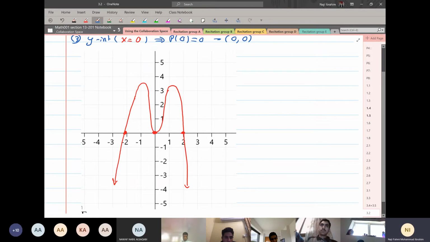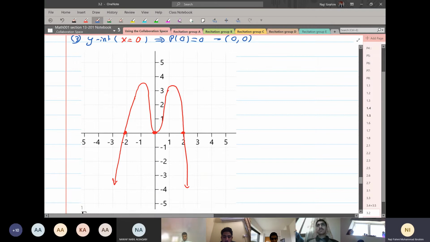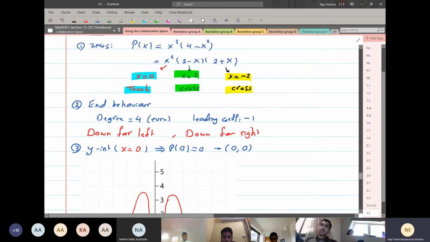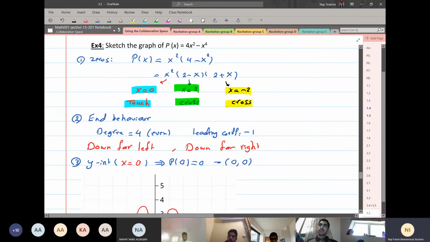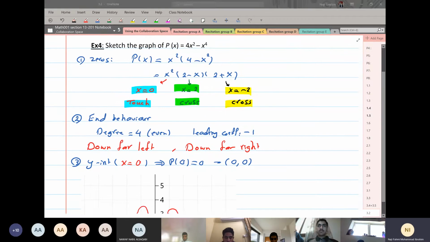It's not very accurate. Now I will draw for you the accurate graph so that you can compare the two graphs. Is our graph correct or not? Give me 1 minute to draw it on a special application. Then I will show you the final result.